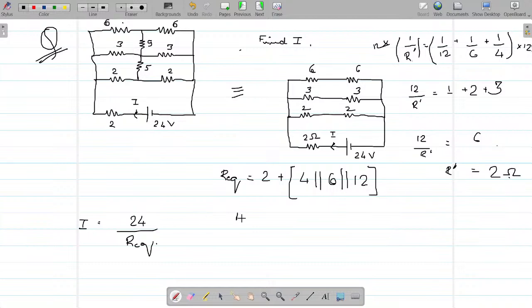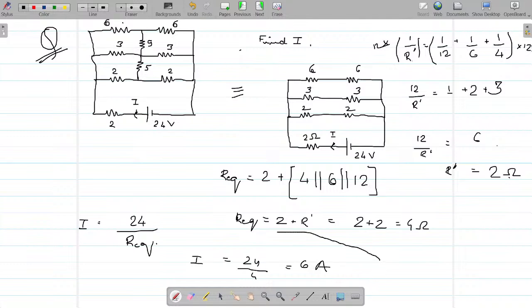So R equivalent is 2 plus R dash, which is eventually equal to 2 plus 2 is equal to 4. So I will become 24 divided by 4 is equal to what? 6 amperes, your answer. Right?